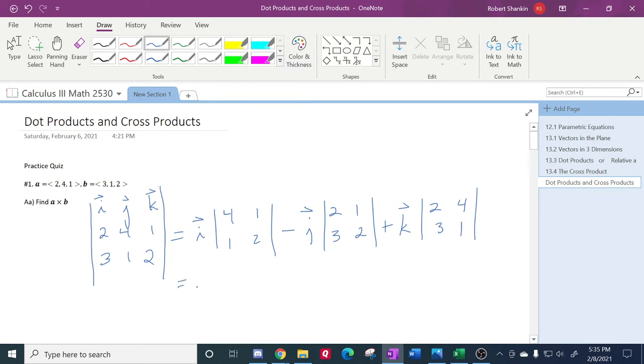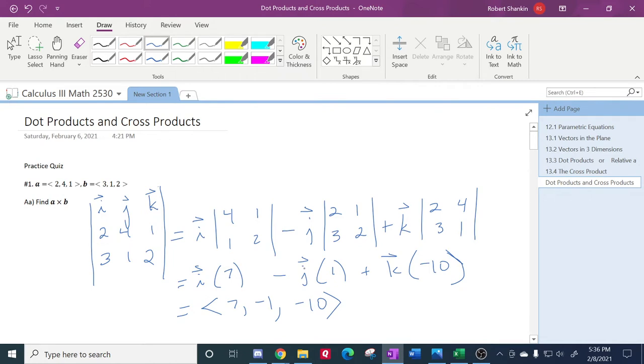And this is going to be i, 8 minus 1 is 7. j, 4 minus 3 is 1. 2 minus 12 is negative 10, which could also be written in vector format: 7, negative 1, negative 10.